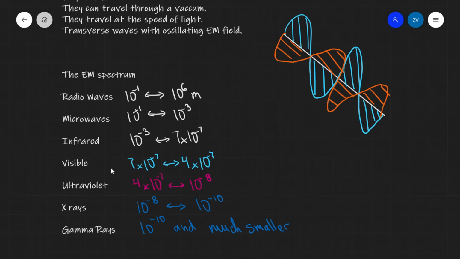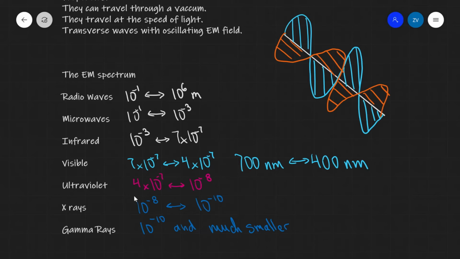Visible, or the spectrum of light that we can see, extends between 7 times 10 to the power of -7 and 4 times 10 to the power of -7. Personally, I always remember that as approximately 700 nanometers to about 400 nanometers.